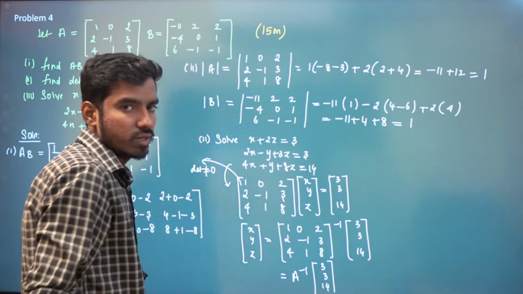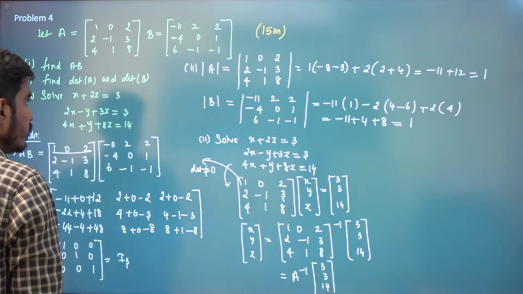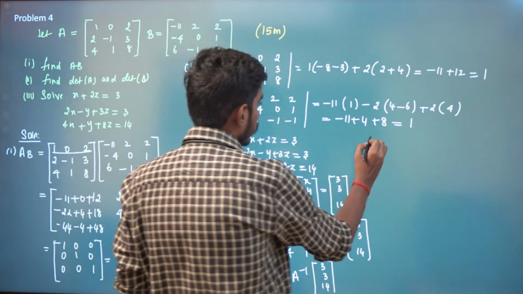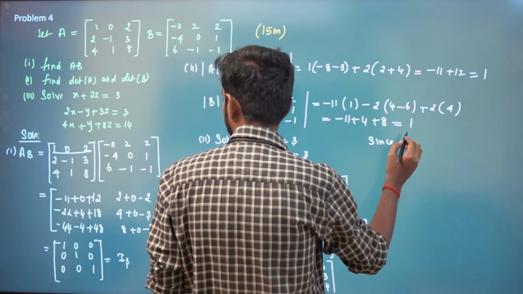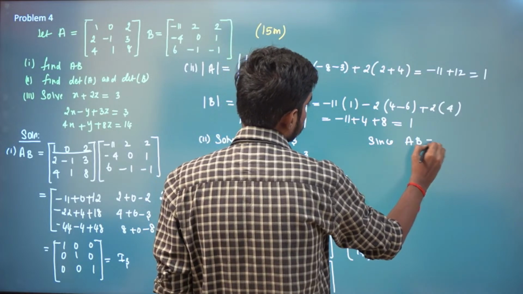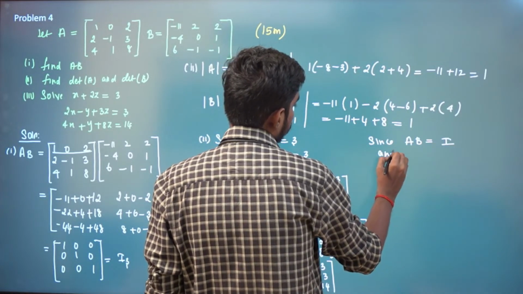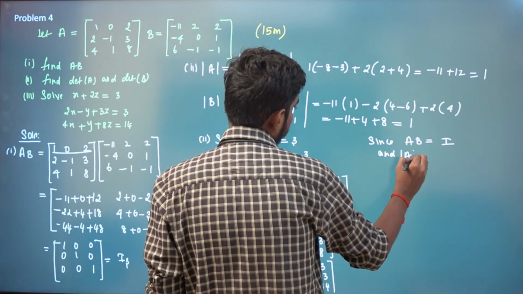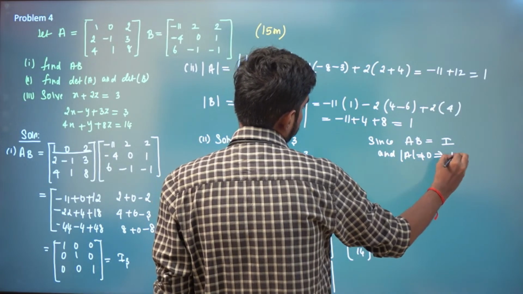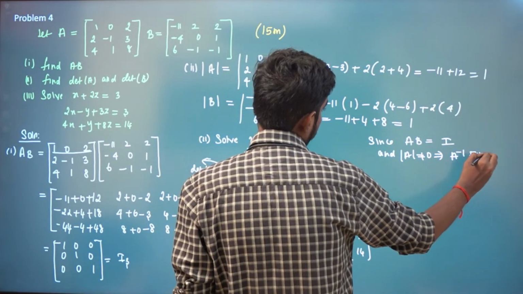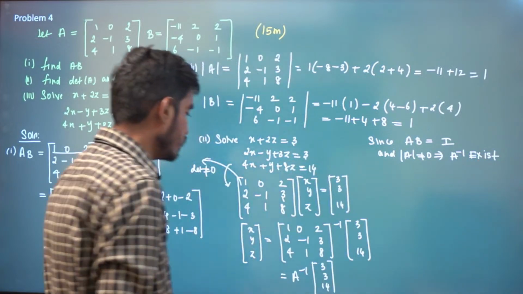You don't need to find the inverse for this matrix because we know that since AB is equal to the identity matrix, the determinant of A is not equal to 0. So this implies A inverse exists, right? A inverse exists.